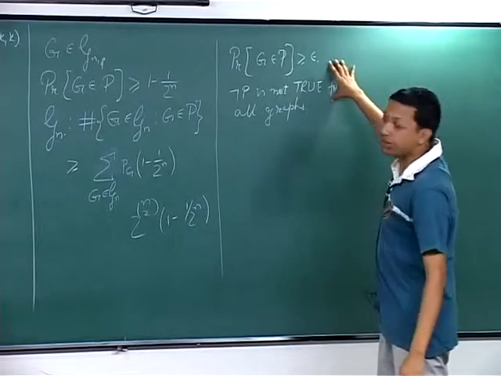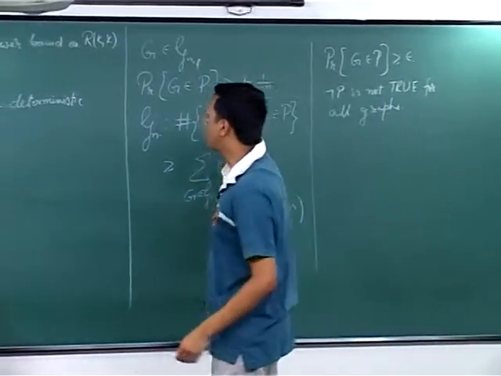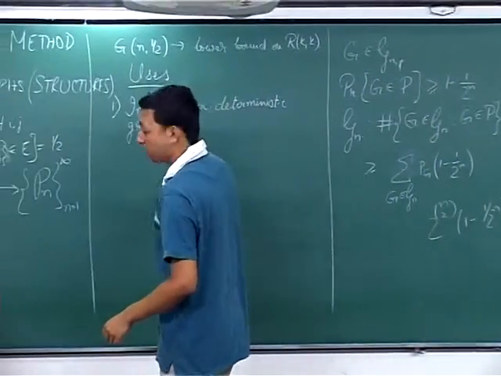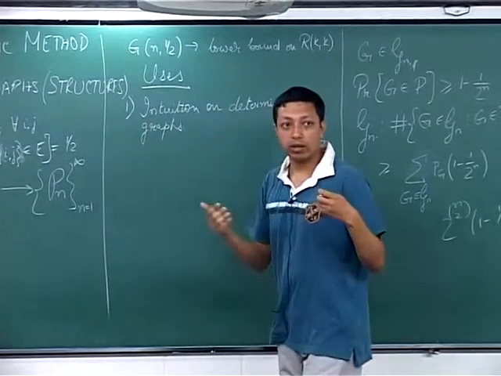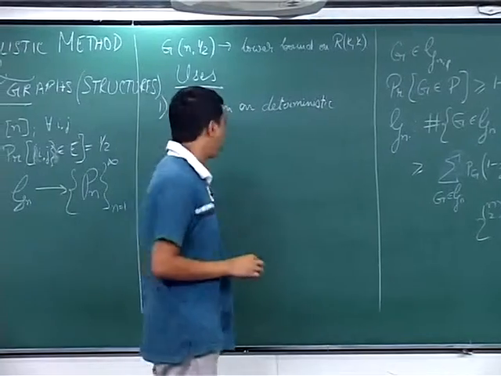Okay. So again it gives some intuition. So both these examples are of how you can get intuition on deterministic graphs, and by deterministic graphs I mean fixed graphs, using random graphs. Okay.